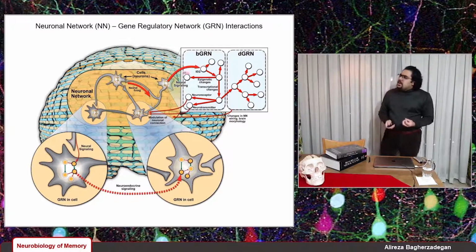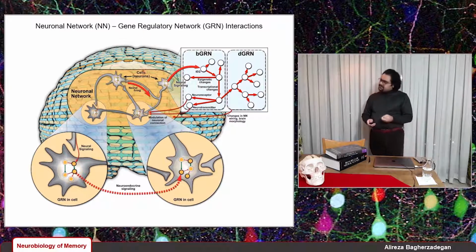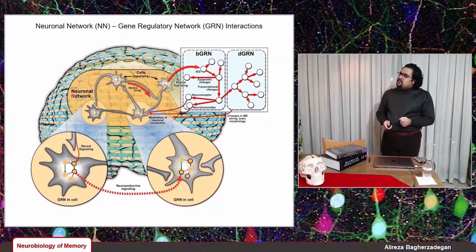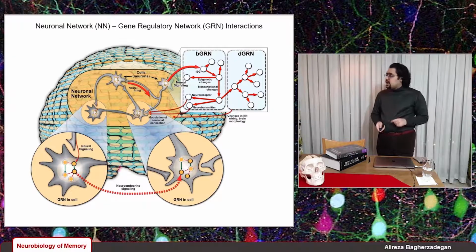And so now let's see how that interaction happens between neural networks and gene regulatory networks. Some signals may be carried by neural networks, and those signals can sometimes activate a single gene regulatory network in one neuron. And then that gene regulatory network may activate another gene regulatory network in another neuron by neuroendocrine signaling.